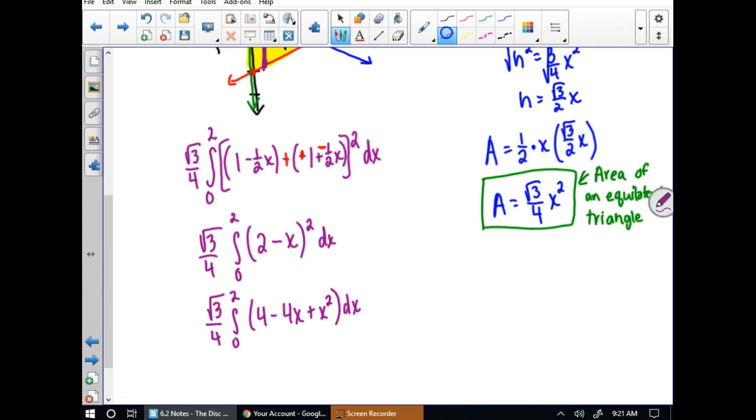And so I got 2 square root of 3 over 3. Check and make sure you guys get the same.